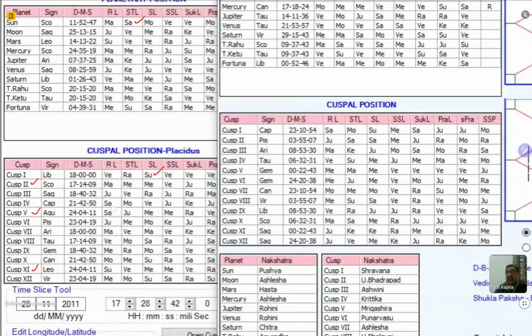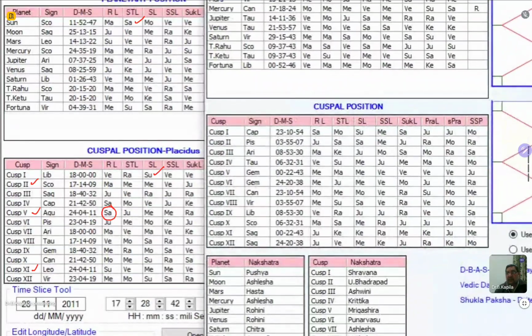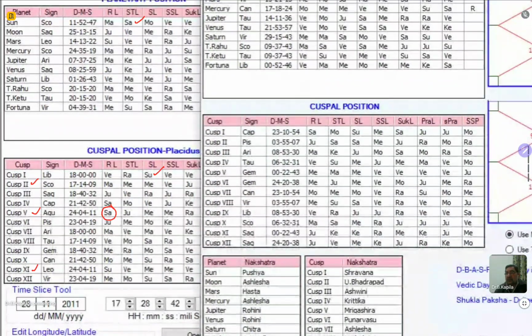Which means that the prana of Sun is weak. Prana Lord has to be a strong one. It is weak because Sun through its star is linked to the fifth cusp, and that too at the sign level. So we will not take the prana of Sun.